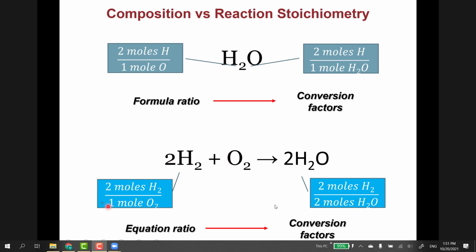This should allow us to convert between the number of moles of hydrogen and the number of moles of oxygen in our reaction and vice versa. The ratio between moles of hydrogen and water is 2 to 2, which is basically 1 to 1. And again, that is going to allow us to interconvert between the number of moles of hydrogen and the number of moles of water that would form in this reaction.